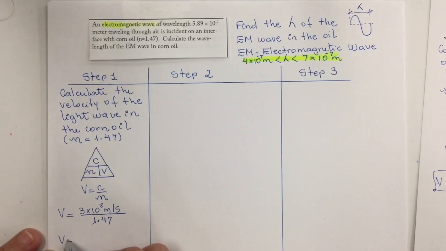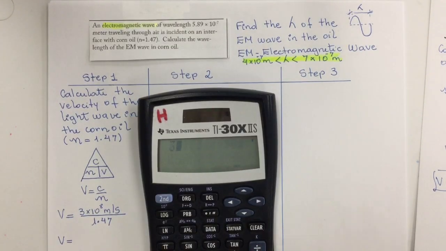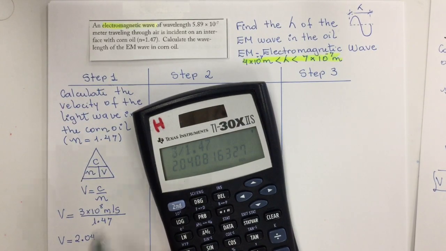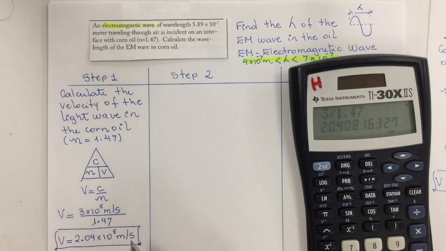Now I'm going to use my calculator: 3 divided by 1.47 is 2.04 times 10 to the 8 meters per second. So in this step 1, I calculated the speed of this light wave in the corn oil.